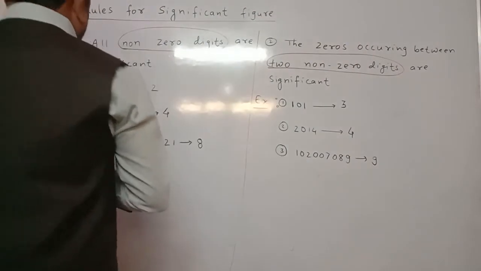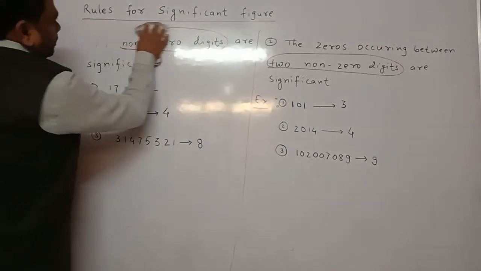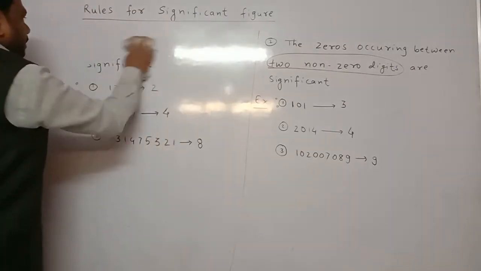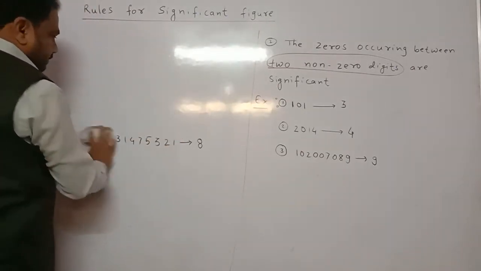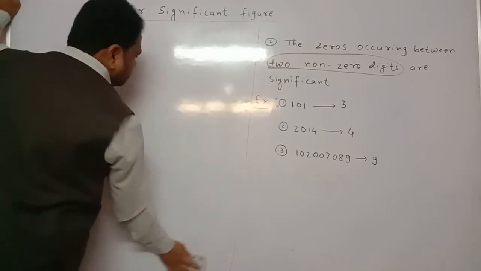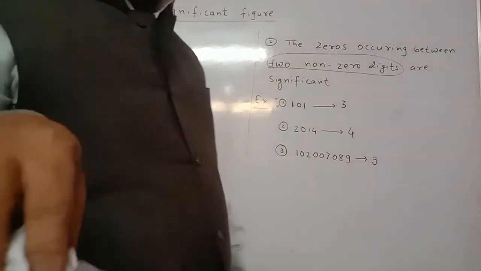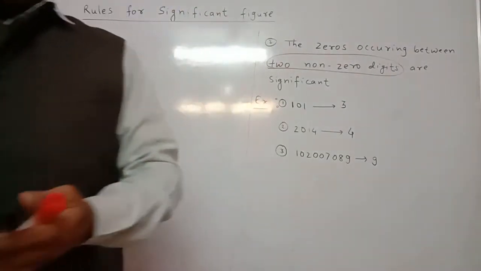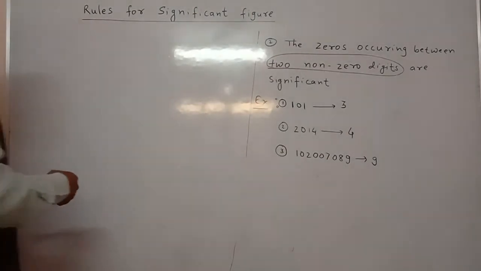Now let us go towards the third rule. The third rule is also important to find the significant figures. So our third rule is about the zeros on the left of the number.